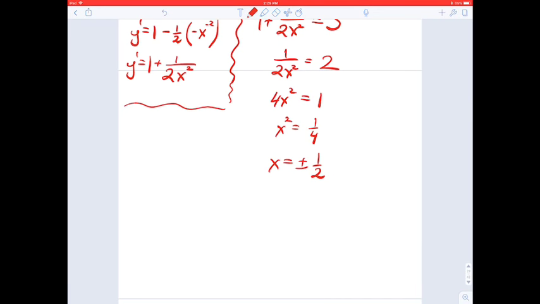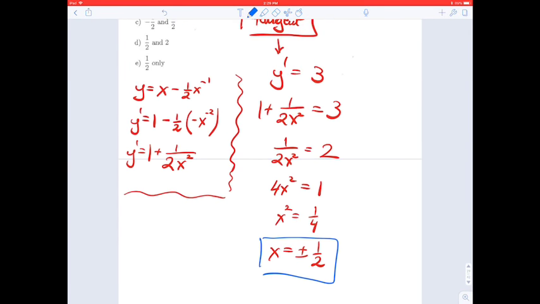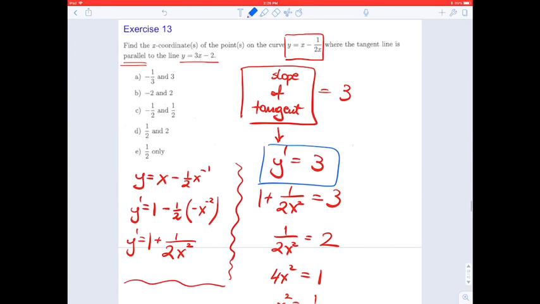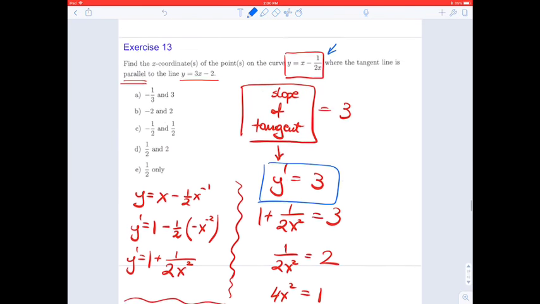Positive and negative half. Those are the x values that satisfy this equation, which means the slope is 3. The tangent line will be parallel to the given line, the tangent line of course to that curve. That means x is positive and negative 1/2.